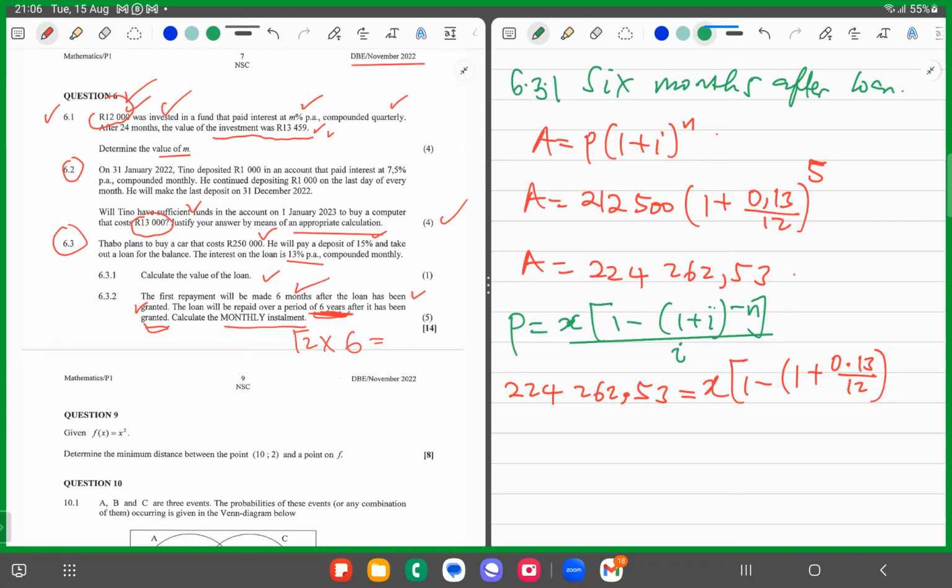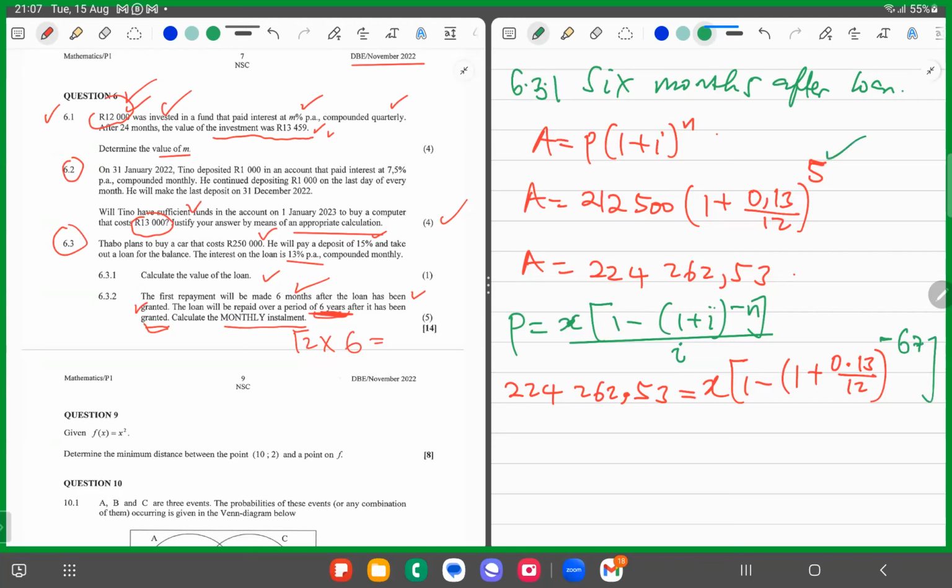Right, so now you need to think and say, how much will this be? You subtract 5 from it, and then it becomes minus 67.